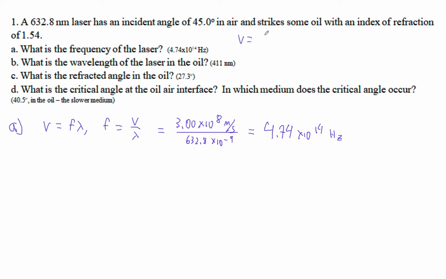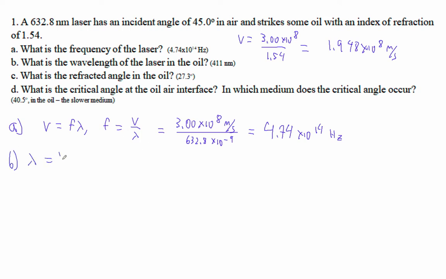So the velocity in the oil is going to be 3.00 times 10 to the 8th divided by 1.54, which is 1.948 times 10 to the 8th meters per second, and then I can divide by that frequency to get the wavelength in the oil for B.